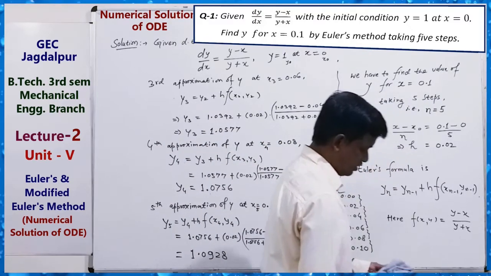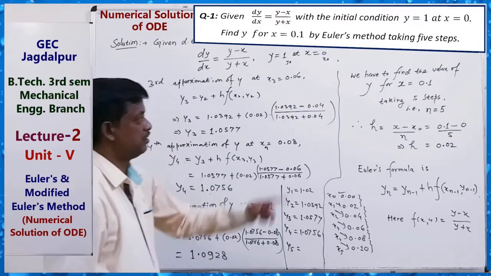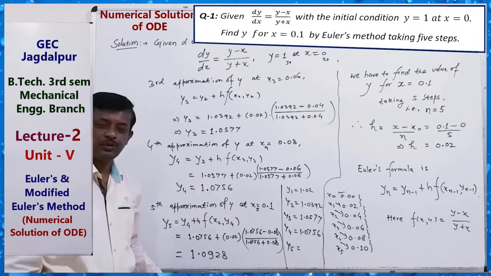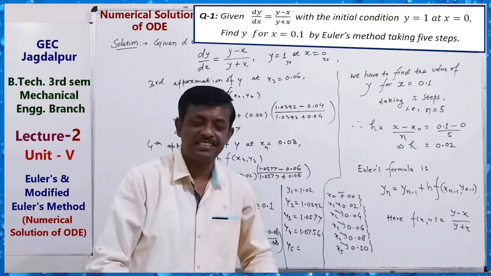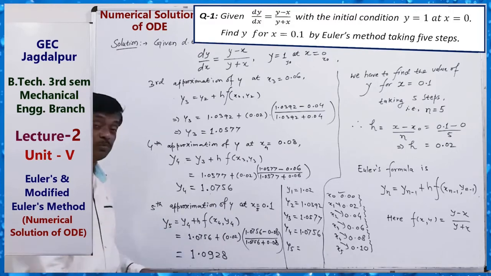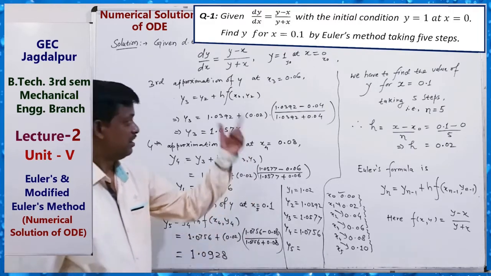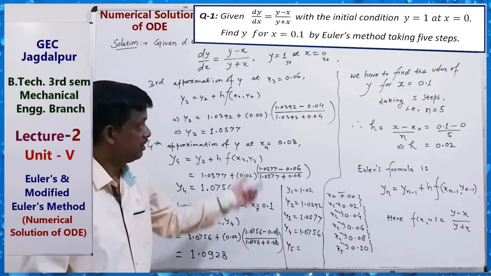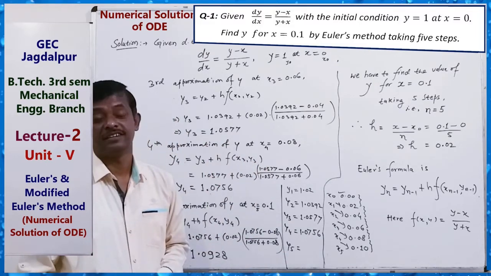Okay, taking just 5 steps, we get a value like this. We can take 10 steps, 15 steps, 20 steps, and then our result will be more accurate. But if we take more steps, the calculation will be very tedious.